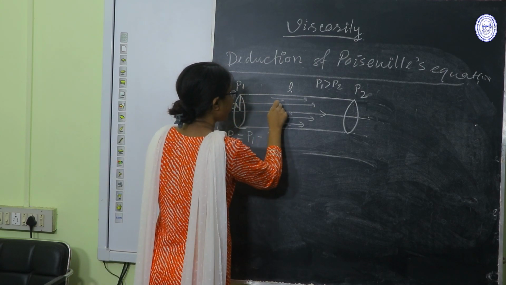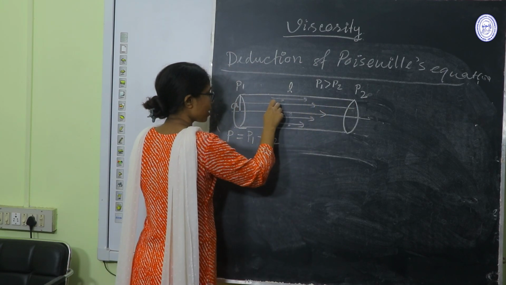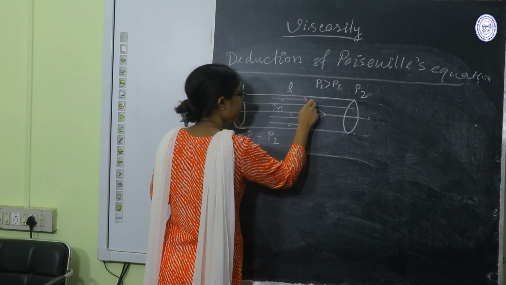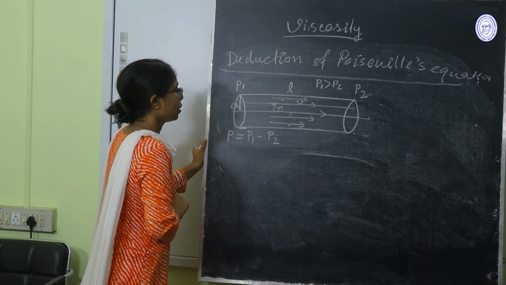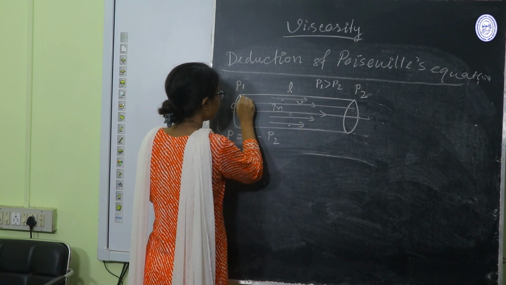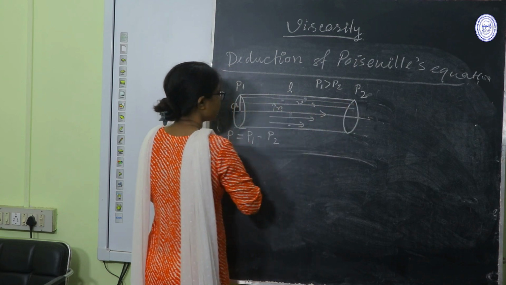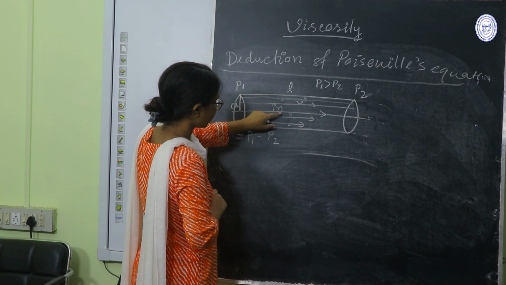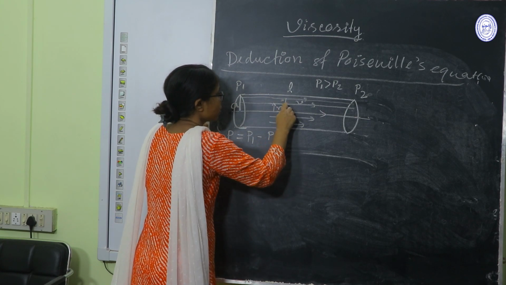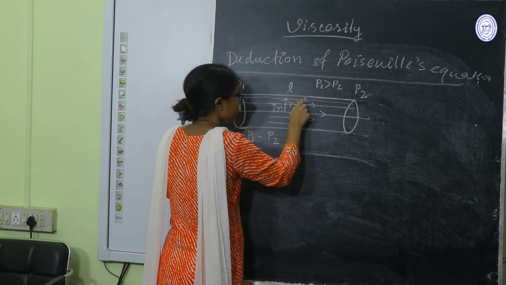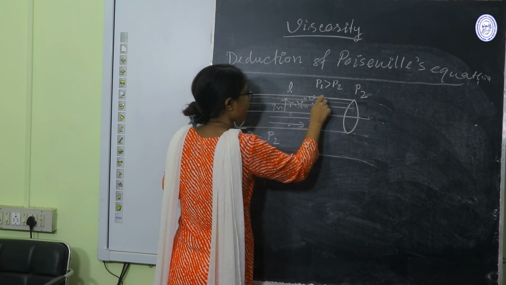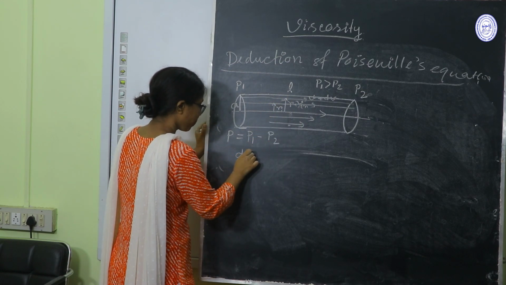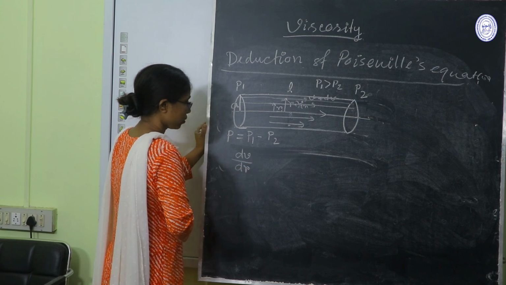Now we consider a layer at a distance r from this axis, whose velocity is v. The next layer is at r plus dr and its velocity is v plus dv. So, the velocity gradient between these two layers is dv by dr.